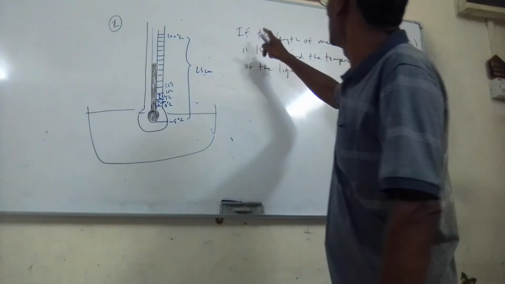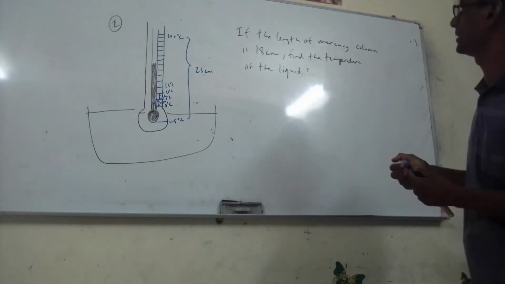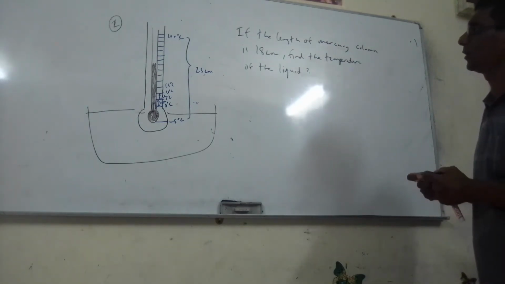So we have to find, if the length of the mercury column is 80 cm, the temperature of the liquid.